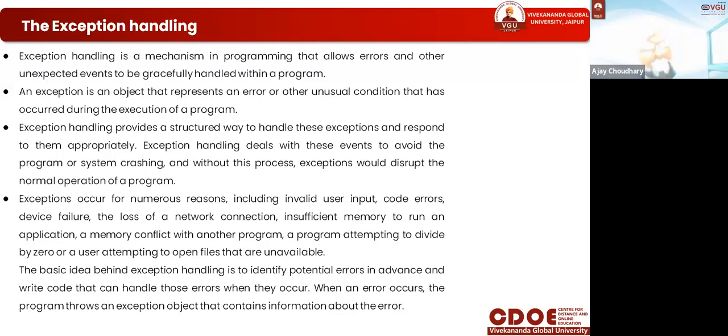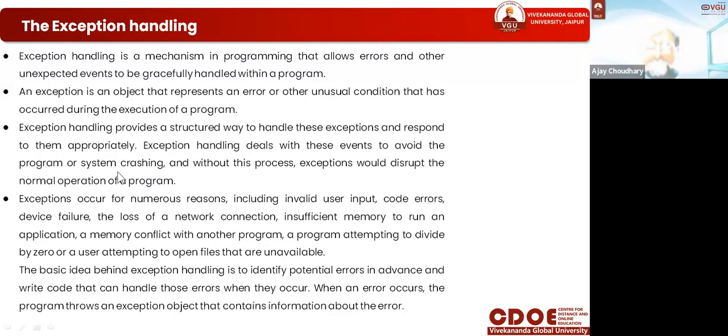If a user, a customer, or any developer inputs a value divided by zero, we have an error. So exception handling provides a structured way to handle these exceptions and respond to them appropriately. Exception handling deals with these events to avoid the program or system crashing.